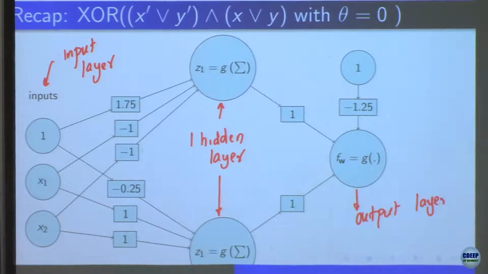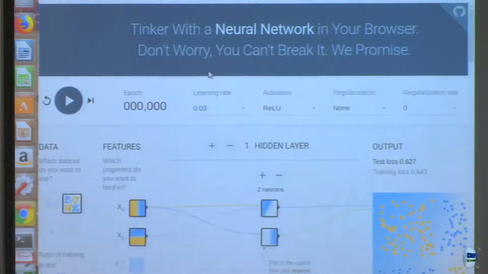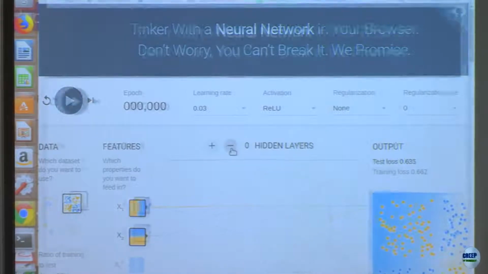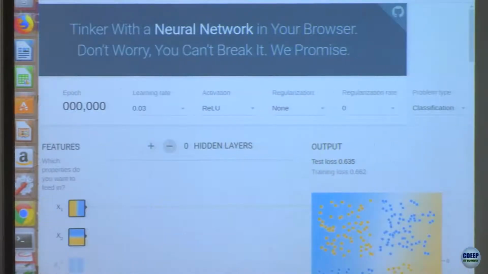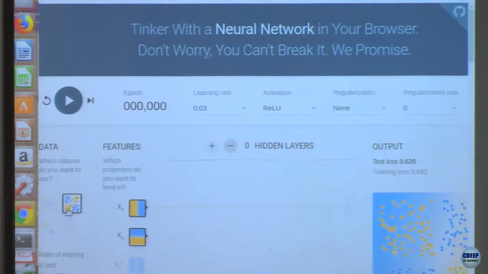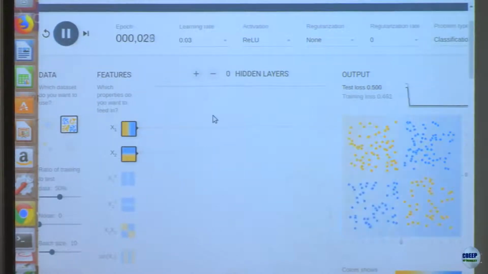Can you have fewer than one hidden layers? What was your experience? So that playground thing, right? Yeah. So playground and tensorflow.org, we tried it out. Let's say I pick a classification data set which looks like XOR, and if I try and achieve its separation using 0 hidden layers, you'll find that the training loss is stuck at 0.5, and test loss is stuck at 0.5.